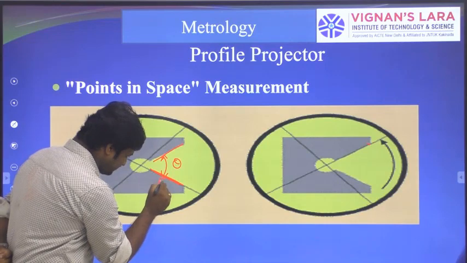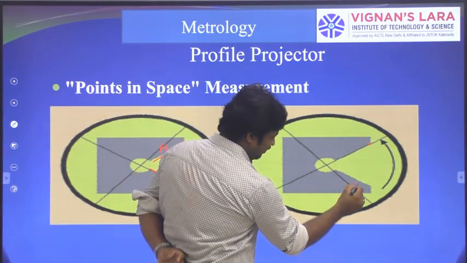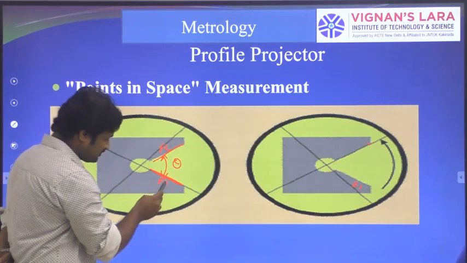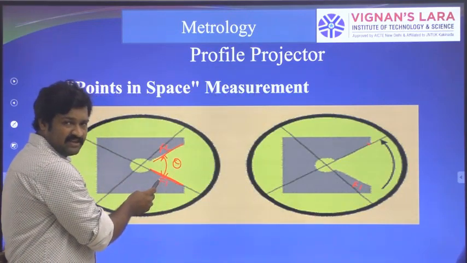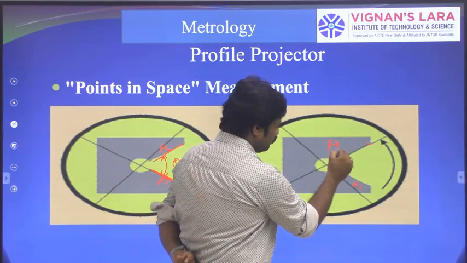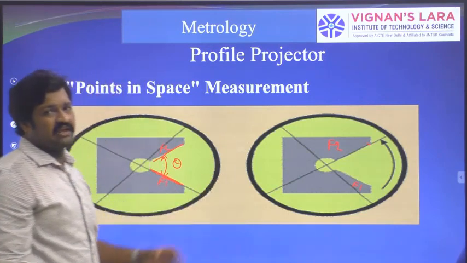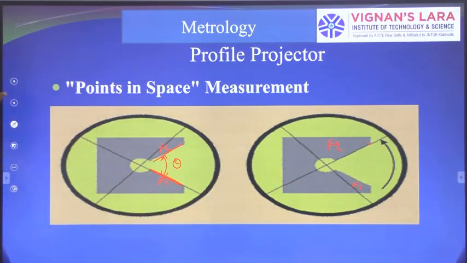So this one is face 1 and face 2. Earlier it coincided with face 1, and next it coincides with face 2. By rotating the reference, we can identify the angle of the component. By means of the profile projector, we can identify linear measurements as well as angular measurements.